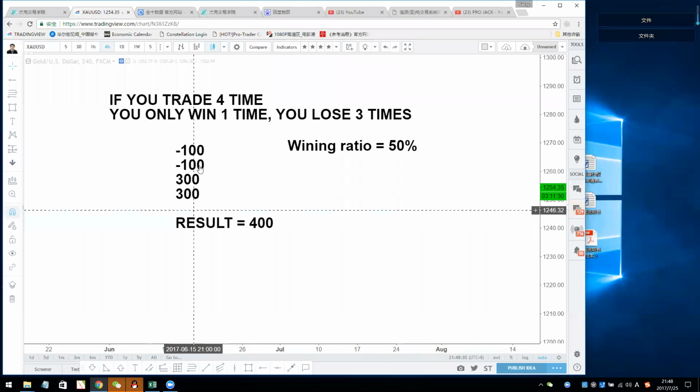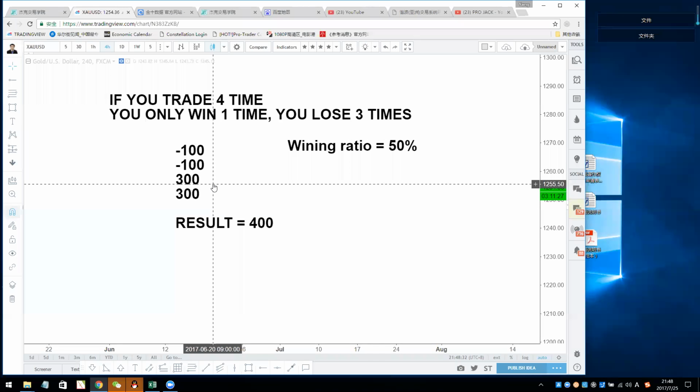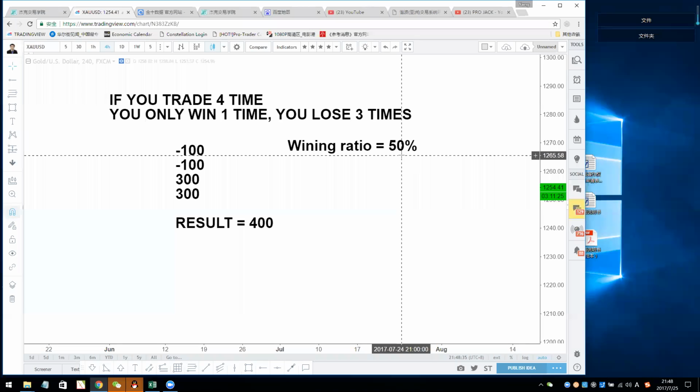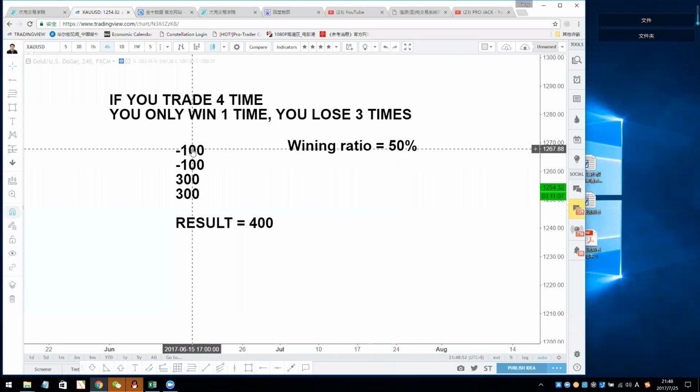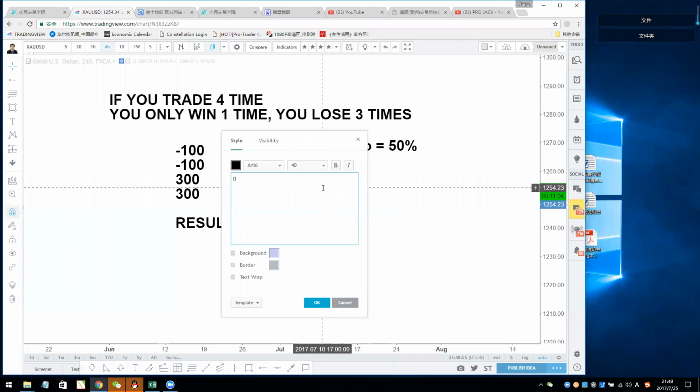So the key thing is the risk reward and a winning ratio not lower than 25%. If you can do this, I'm sure your trading system will work pretty well. The problem for traders is that sometimes we have big losses, more than 100. It's either due to incorrect lot size, which basically means you trade too much, or you don't have a stop loss.